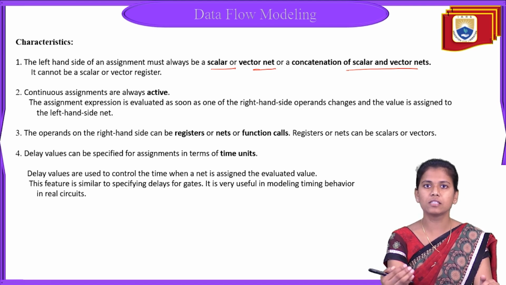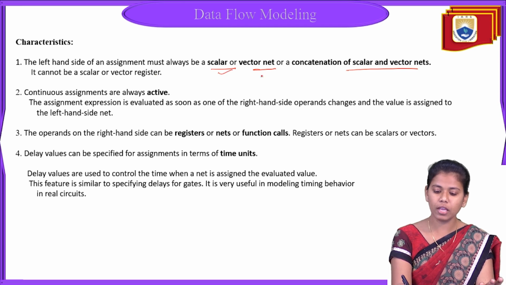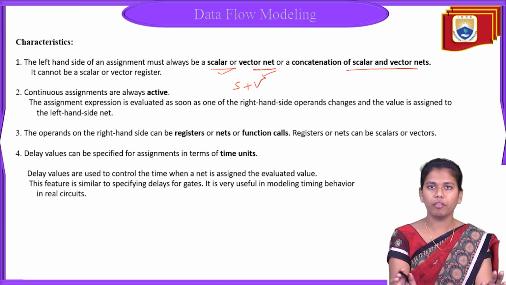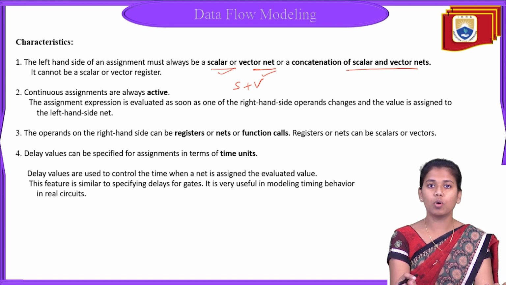In the syntax, we see the left hand side of the assignment. It should always be a scalar or a vector, or else a concatenation of scalar and vector nets. So what is a scalar and what is a vector? In the previous presentation, we learned what scalar nets and vector nets are.